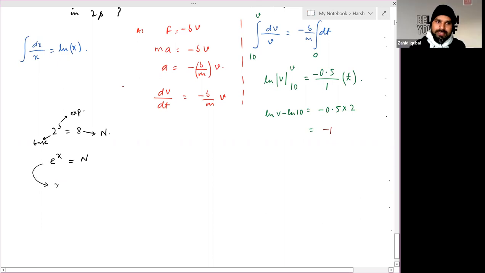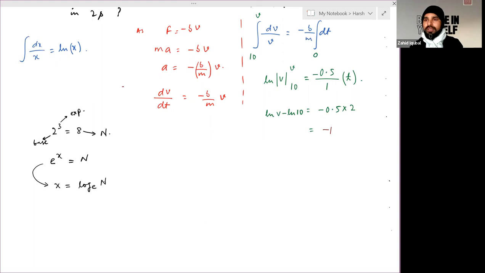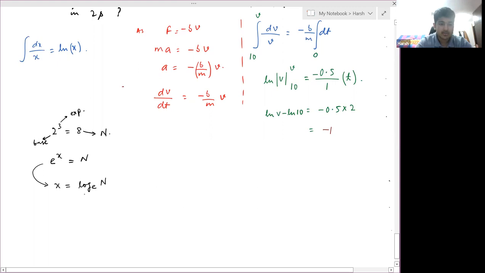It states x equals log to the base e of n. So log is just the reverse of the exponential function. This log to the base e is also called ln, the natural log, of n equals x.